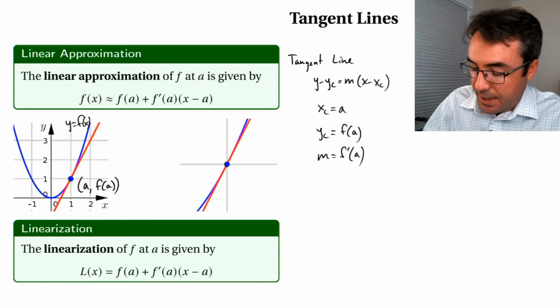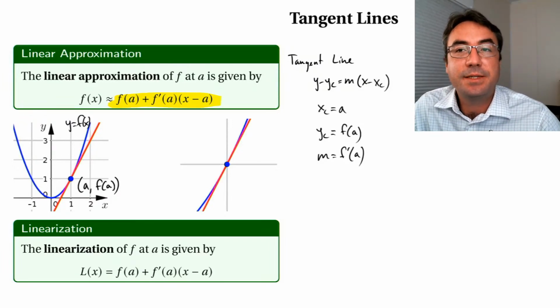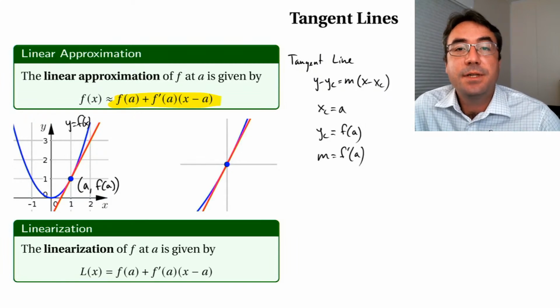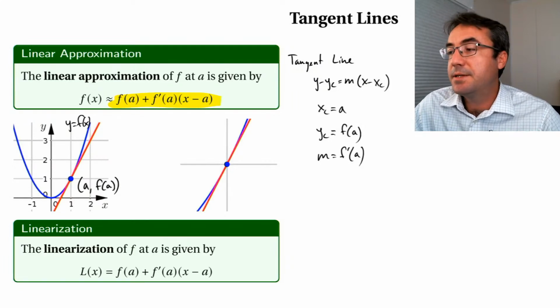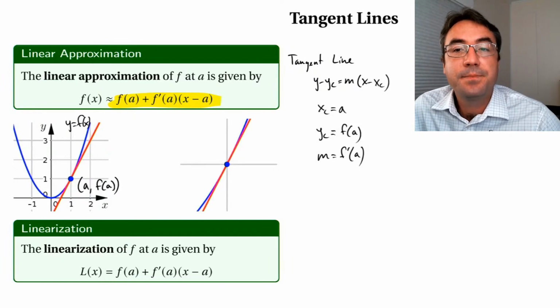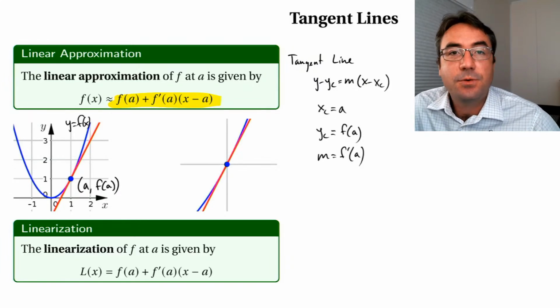So the right-hand side of this formula here, this f of a plus f prime of a times x minus a, that's just the right-hand side of our tangent line where we've solved for y. And so in the context of linear approximations, we give that a special name. We call that the linearization. And so that's our second definition here that we see towards the bottom.